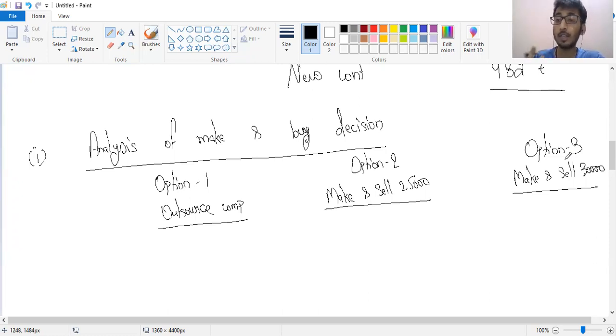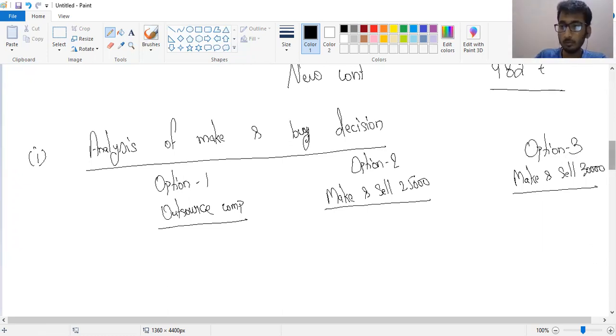It is specifically given in your question. Since you are making only 25,000 units, you'll make the component, make 25,000 units of the bicycle and sell 25,000.